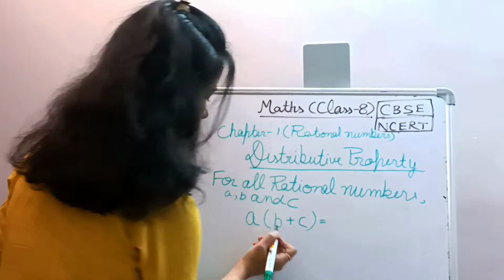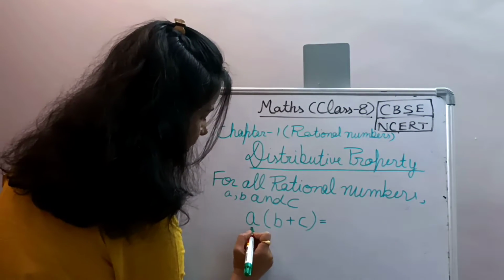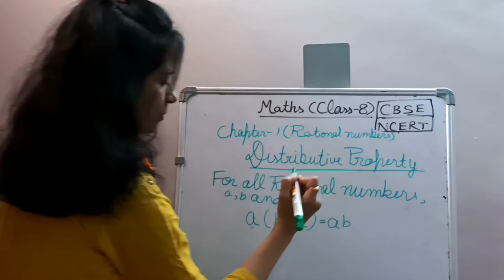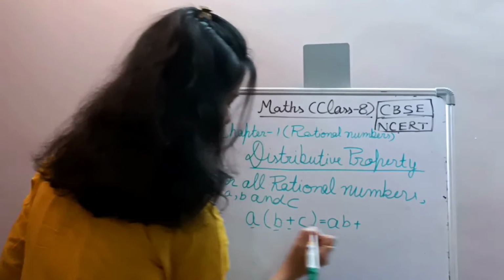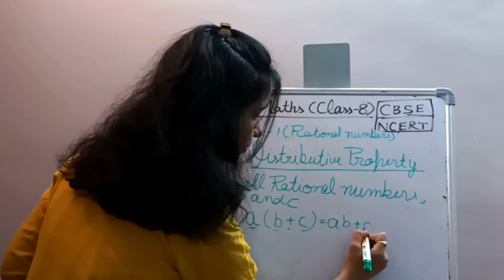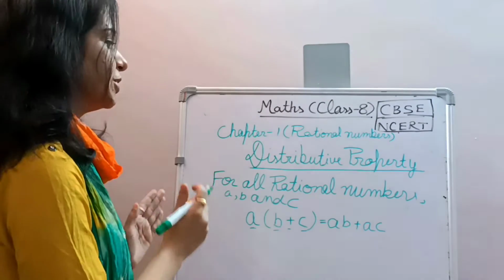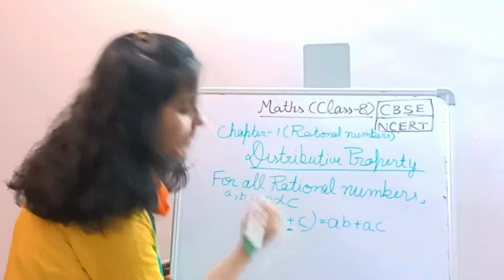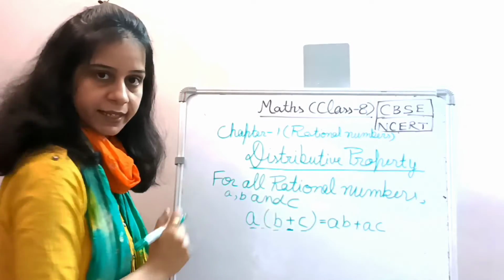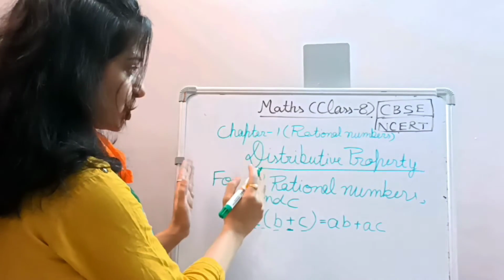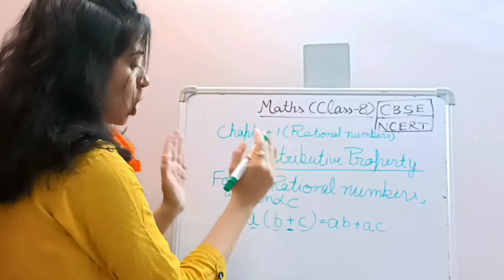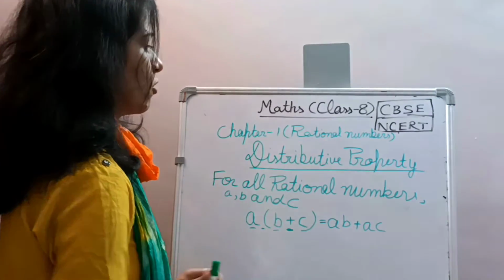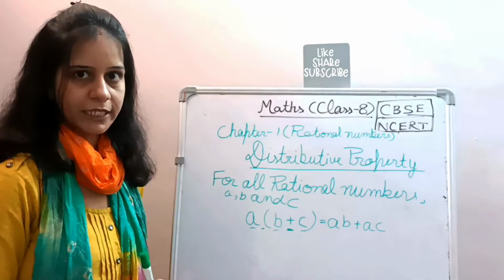So we'll have to write A multiplied by B plus A multiplied by C. This is the distributive property of multiplication over addition. Here is the addition sign, so this is the distributivity of multiplication over addition for rational numbers. Got it?